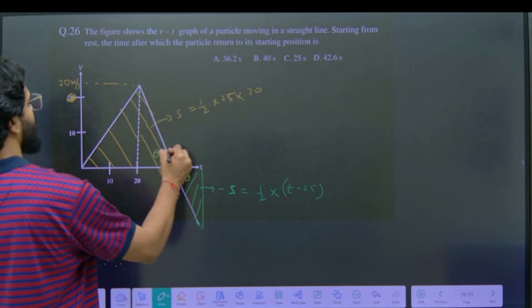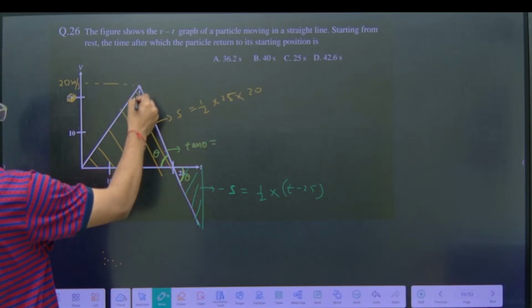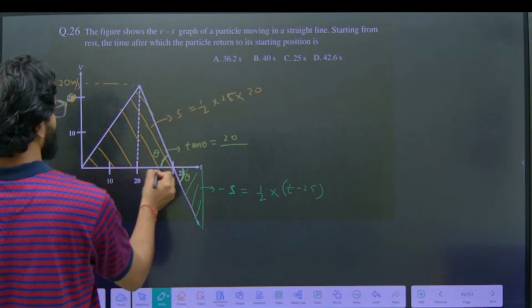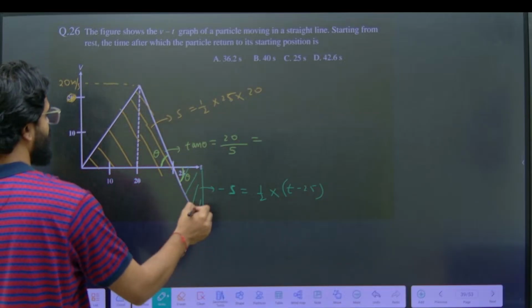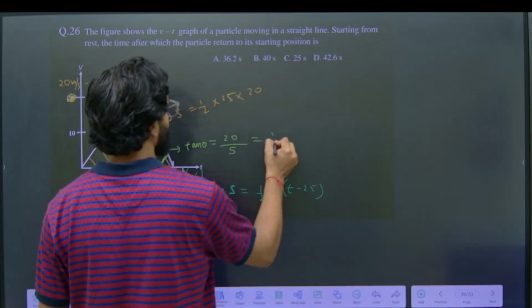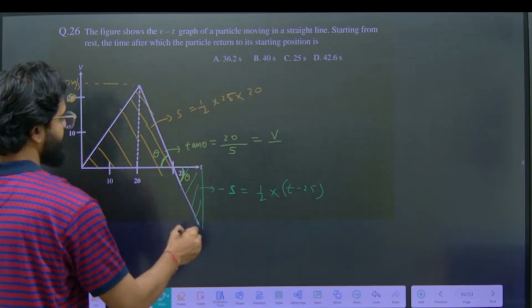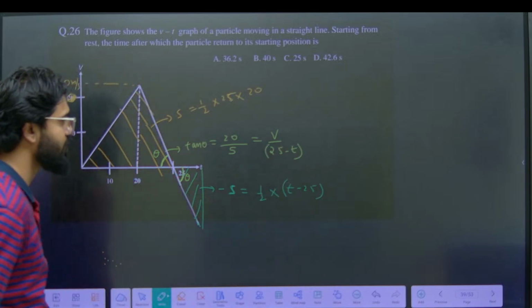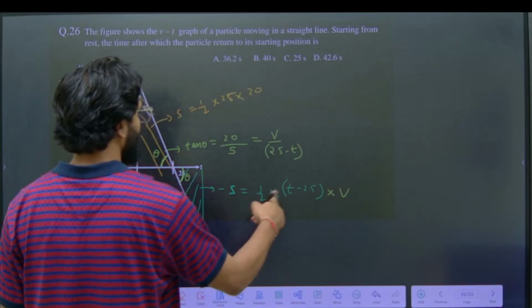So tan theta equals 20 over 25, and for the other triangle, the perpendicular, let's say v, divided by this distance, which is t minus 25.